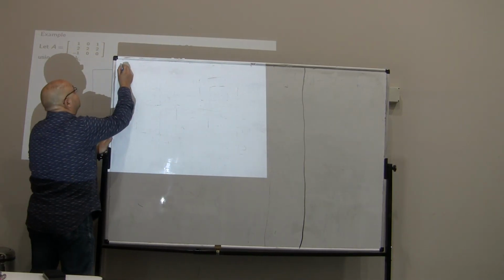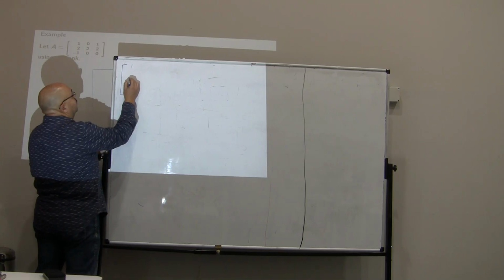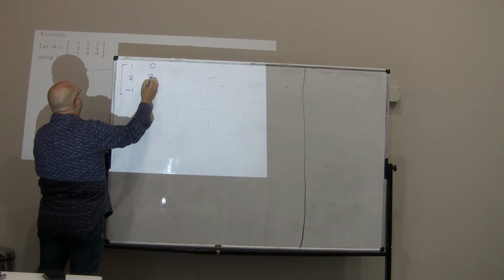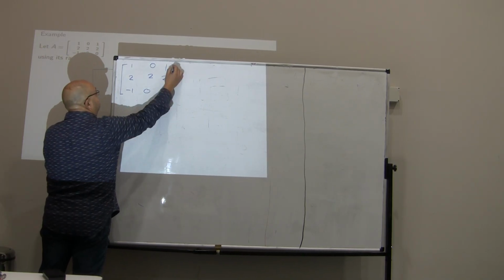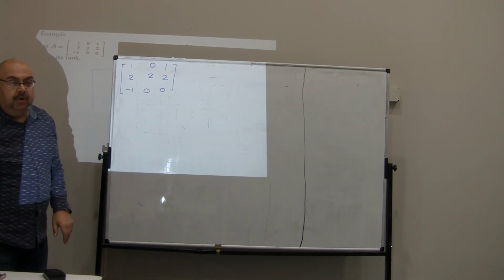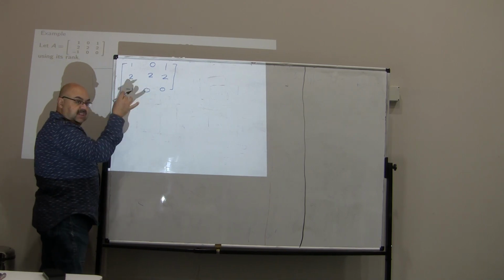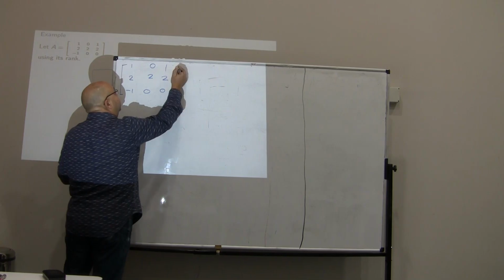Here is the matrix: 1, 2, negative 1; 0, 2, 0; 1, 2, 0. How to get the inverse? I will write this matrix exactly, but with an equivalence line here.